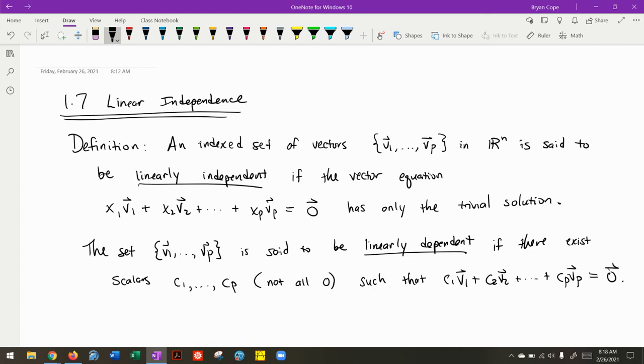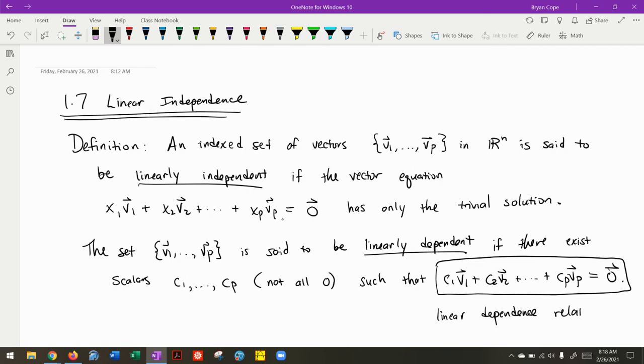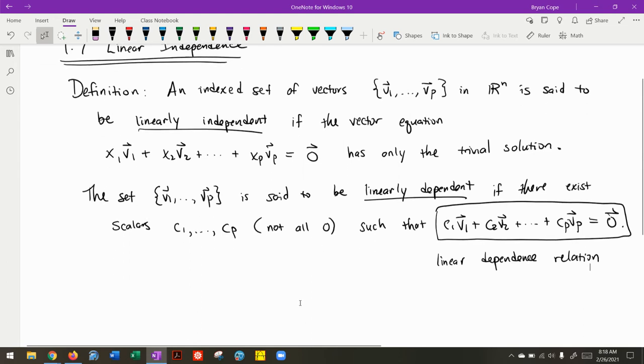Okay, this thing that I just wrote, when not all of the scalars are zero, is called a linear dependence relation. So a non-trivial solution to the vector equation gives us a linear dependence relation. Think about how that's related to the material that we covered in 1.5.